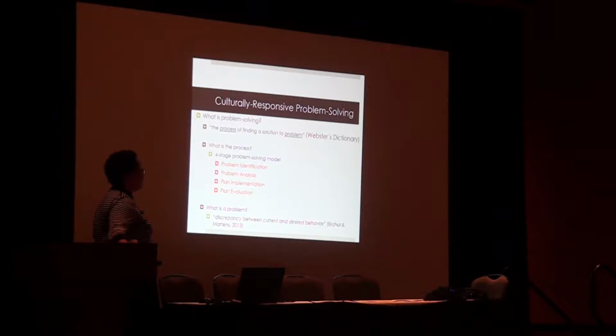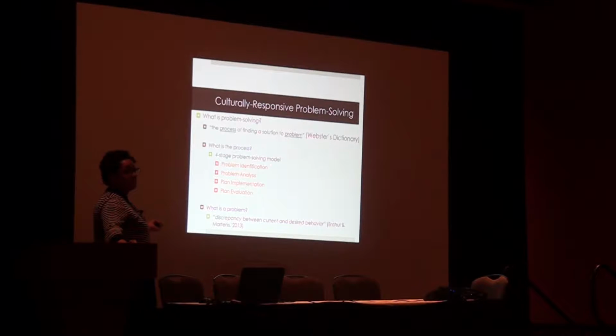The process that we generally use in schools, even if you're on an IEP team or RTI team, any kind of team that's coming together to address a concern, can really serve as a problem-solving team. Those teams generally follow a 4-stage process.